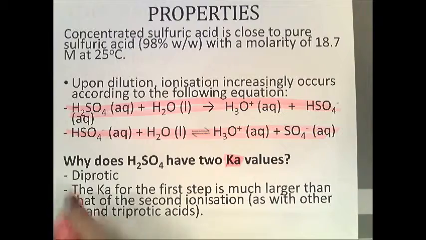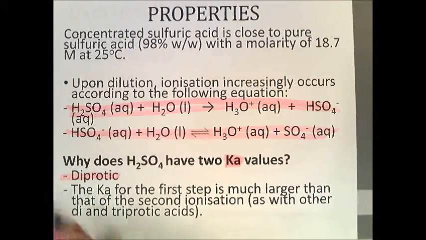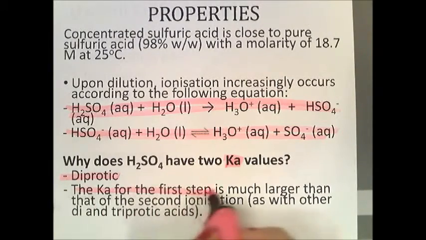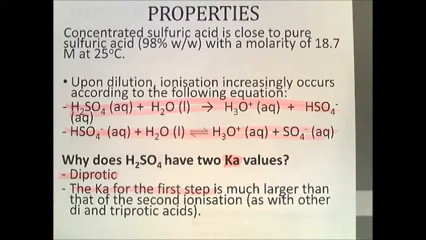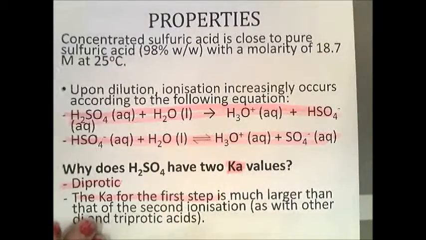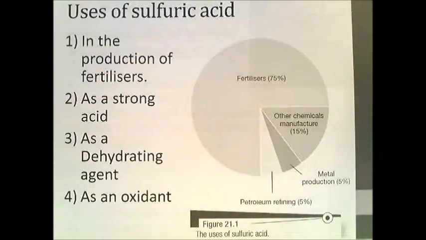We know that because it is diprotic. And have a look at this. The Ka for the first step is much larger than that of the second ionization. And this is the case with other di and triprotic acids. So we'll get back to this.